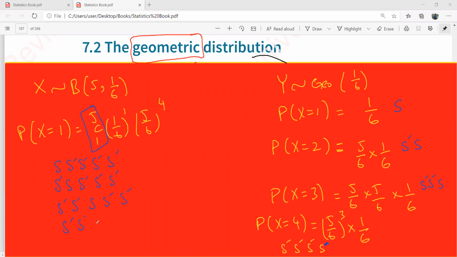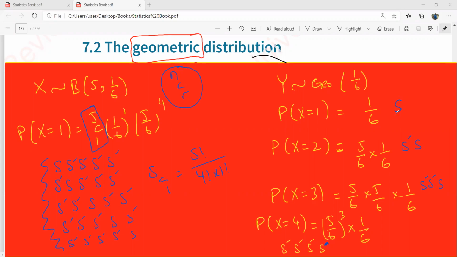So these are the different possibilities of this one 6 to happen out of the 5 throws. So these 5 situations are basically 5C1. They are the same as 5 factorial over 4 factorial into 1 factorial. When you roll the die 5 times, how many times do you have one 6? These are the different cases when it happens. That is why you use nCr in the binomial distribution.